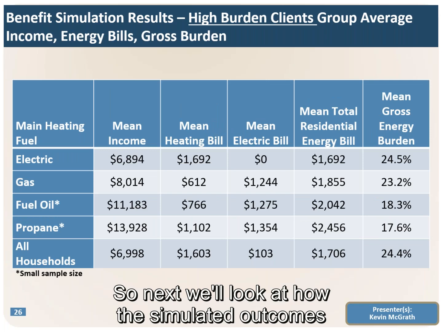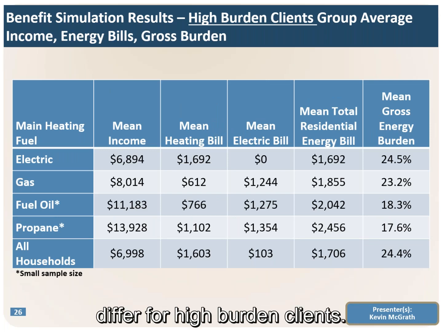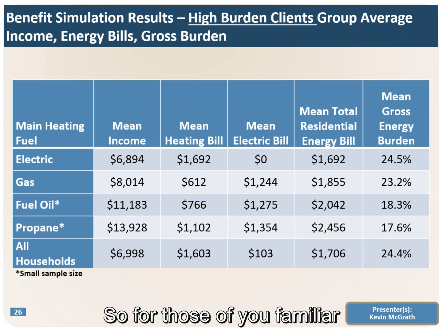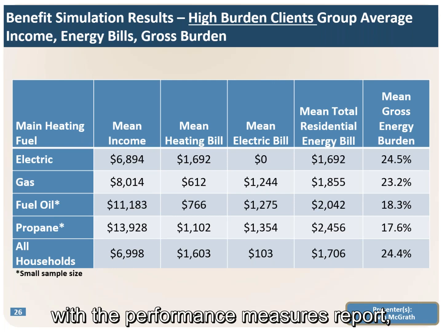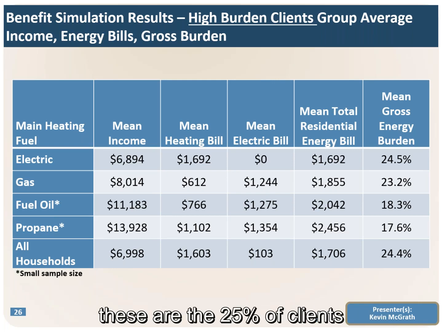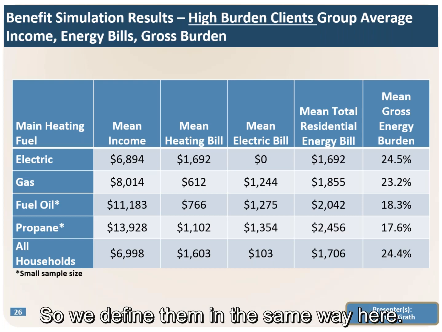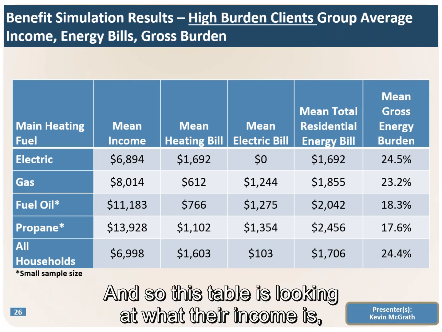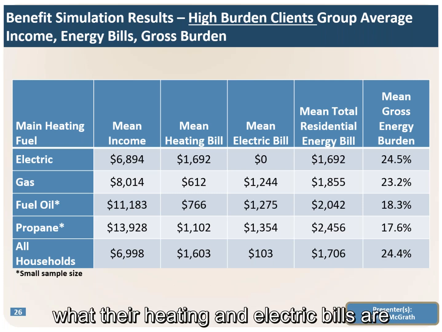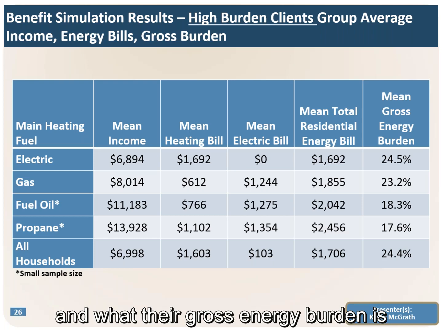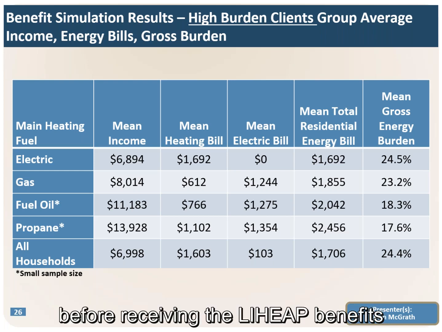So next, we'll look at how the simulated outcomes differ for high burden clients. For those of you familiar with the performance measures report, these are the 25% of clients with the highest individual energy burden. So we define them in the same way here. This table is looking at what their income is, what their heating and electric bills are, and what their gross energy burden is before receiving the LIHEAP benefits.